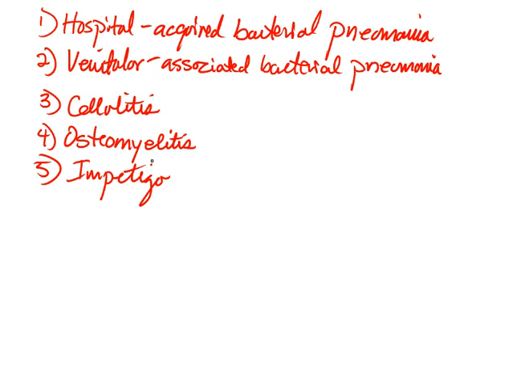So those are the 5 things that Staph aureus is the most common cause of: hospital-acquired bacterial pneumonia, ventilator-associated bacterial pneumonia, cellulitis, osteomyelitis, and impetigo.